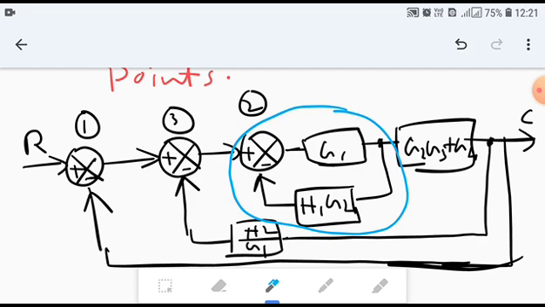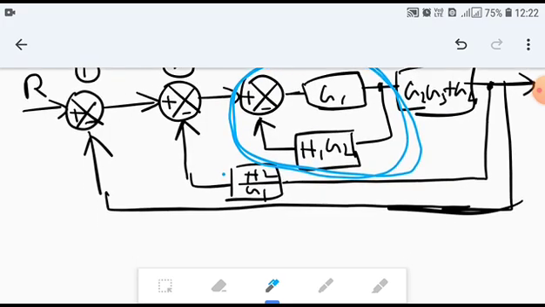So we can simplify this as G1 by 1 plus G1 into H1 G2. To that this will be simplified, and that one is in series with G2, G3 plus G4. So G1 with H1 G2 is in negative feedback.